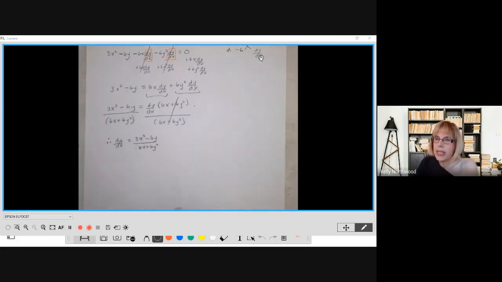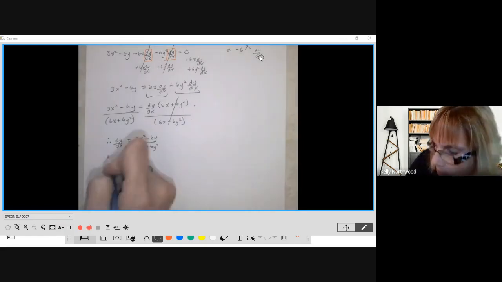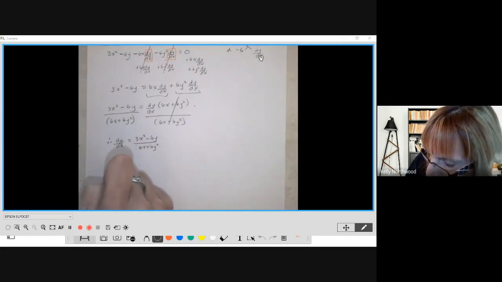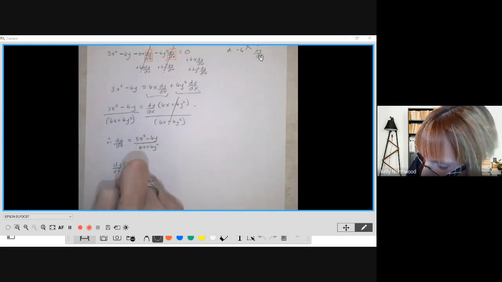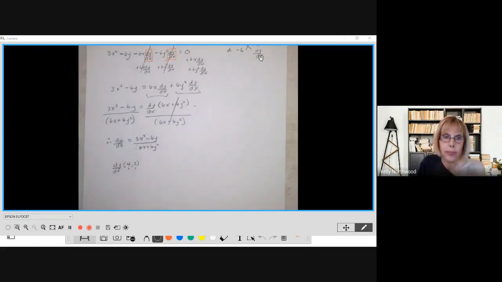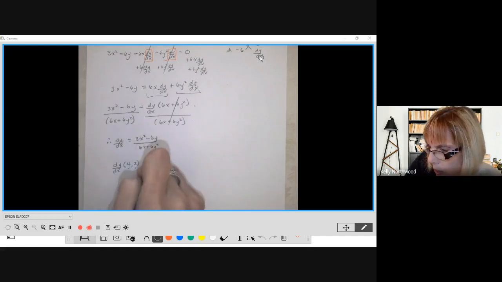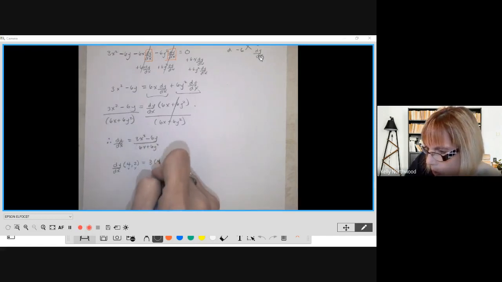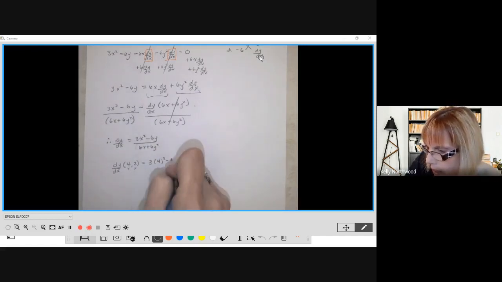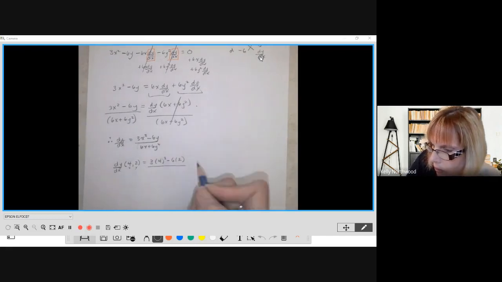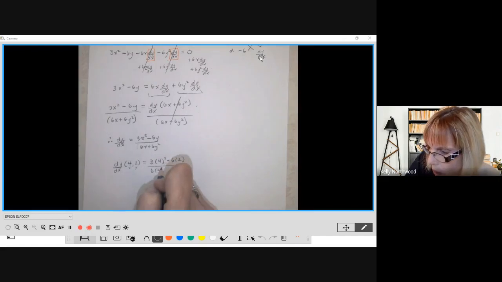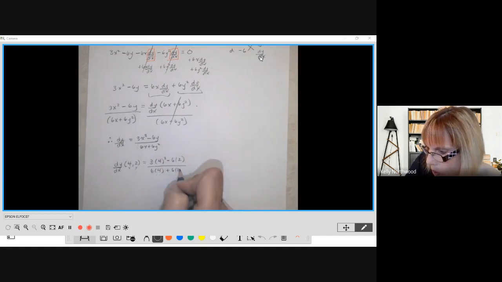But we want it at the specific point (4, 2). So dy/dx at the point (4, 2), which means x is 4 and y is 2, is going to be 3 times 4 squared minus 6 times 2, over 6 times 4 plus 6 times 2 squared.